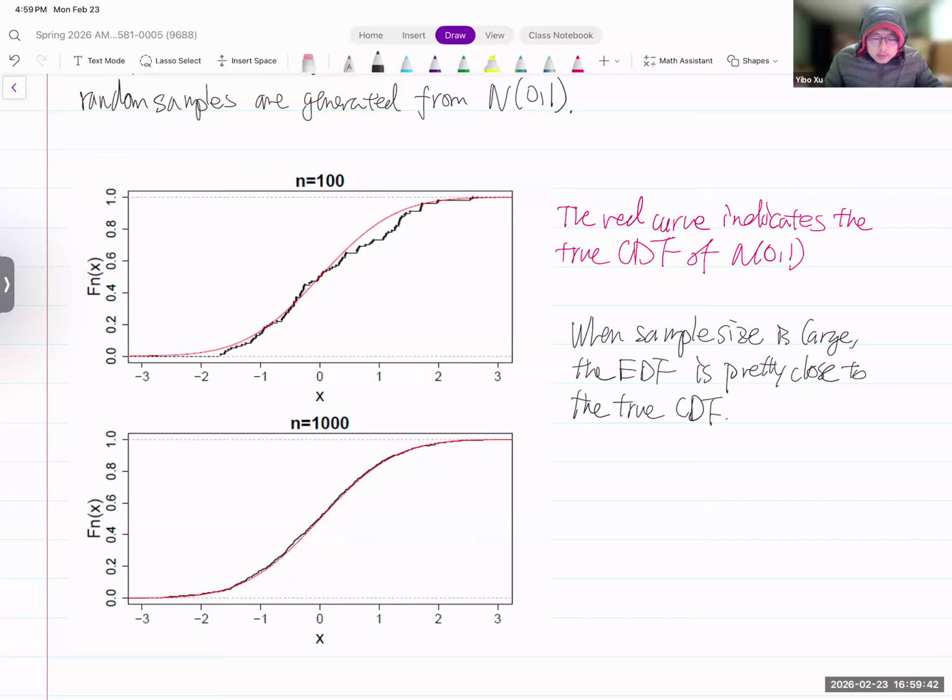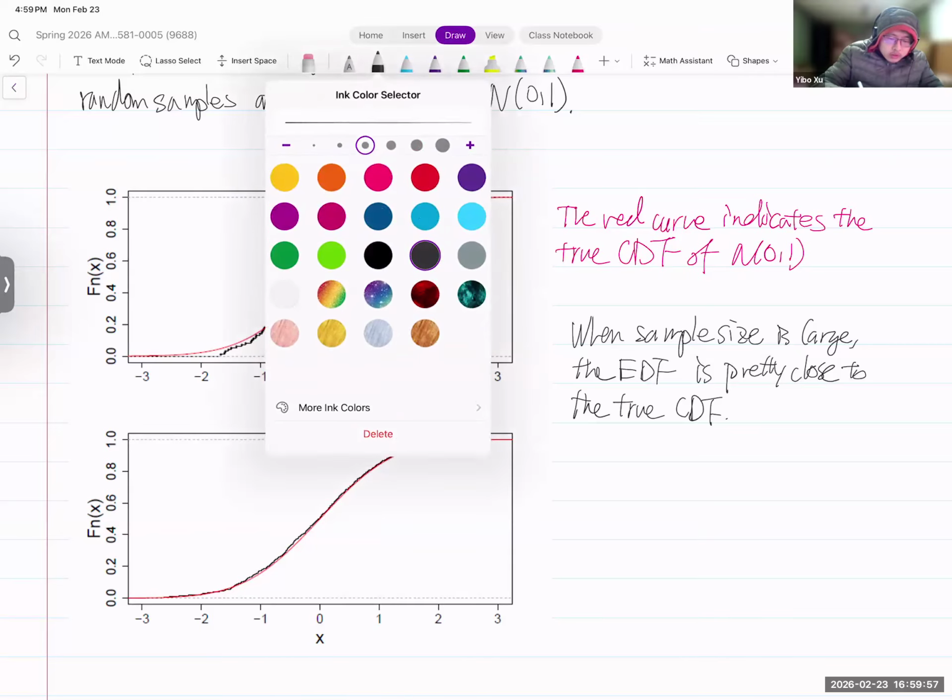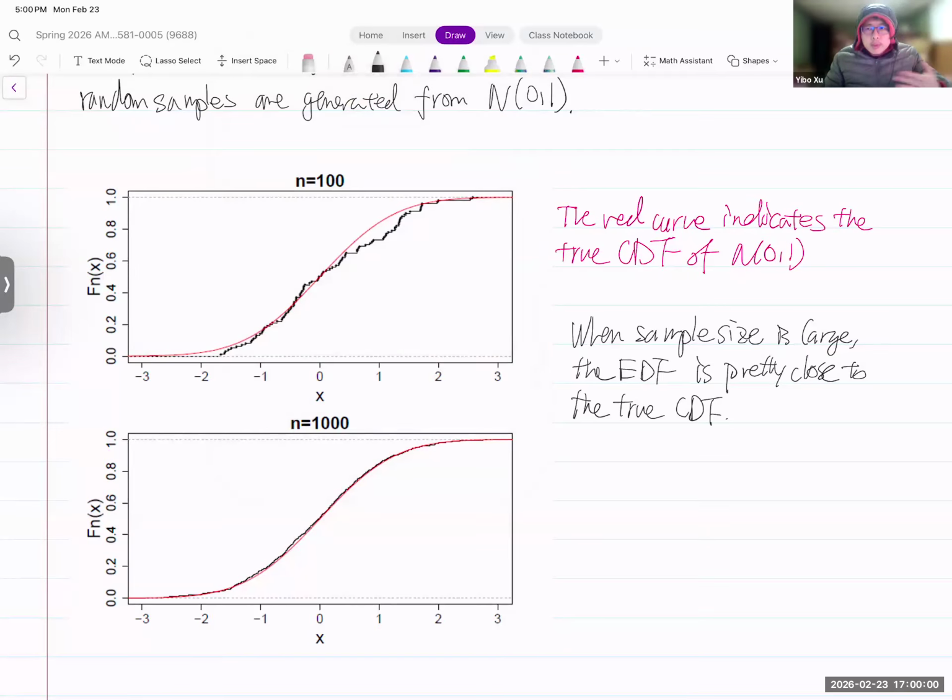So now, basically, as long as you have a sufficient amount of sample, then essentially you will be able to utilize the sample to in a way approximate your underlying distribution, right? And then later we're going to think about using two samples, okay, to respectively construct their respective EDFs, and then that will be utilized to further conclude whether these two samples are actually following the same underlying distribution or not.